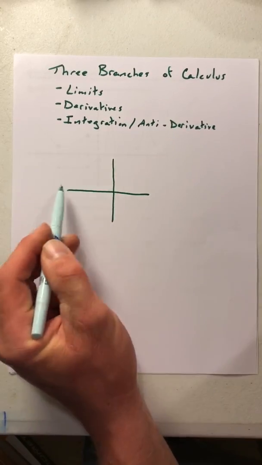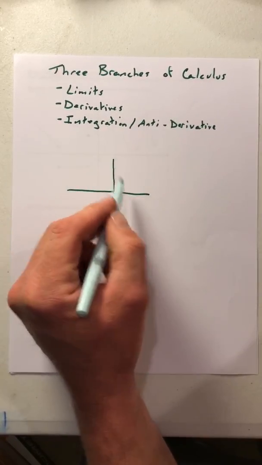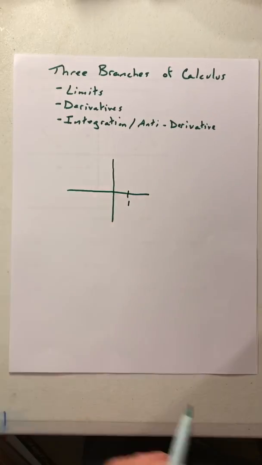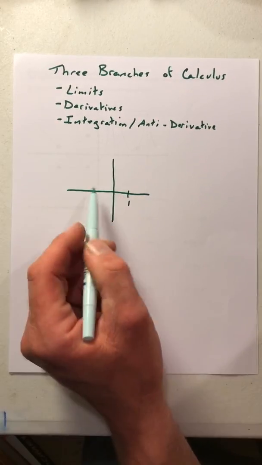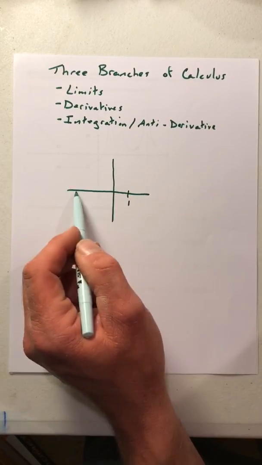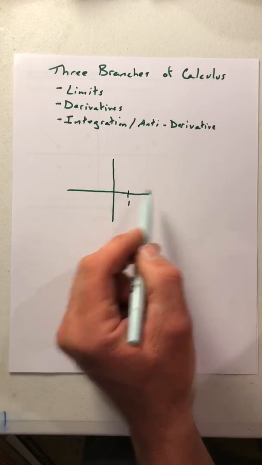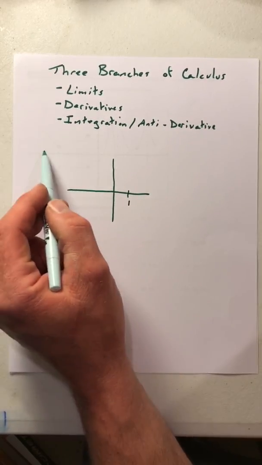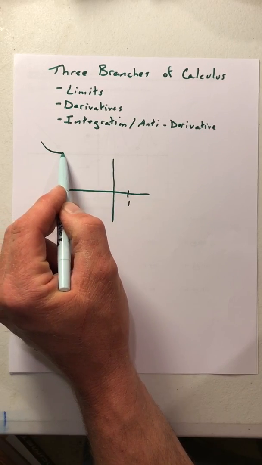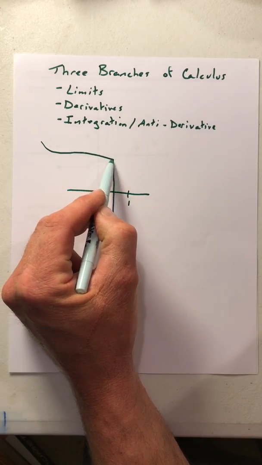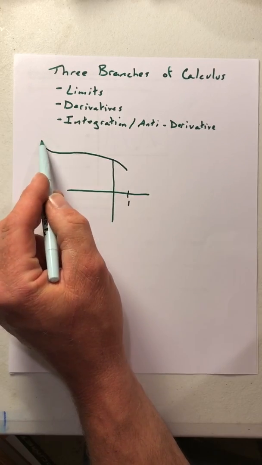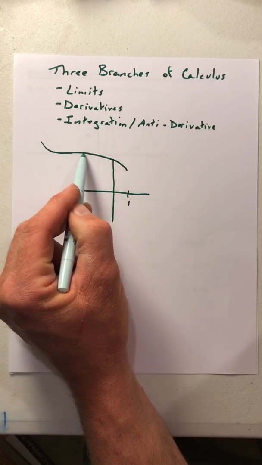Say we have a graph like this, and maybe we're talking about 1. So as x gets closer to 1, we know we have x values over here that are negative, and then x values over here that are positive. So maybe we have this branch, and this would be a branch, as we come into the x value of 1. So we're looking at the y values of this.